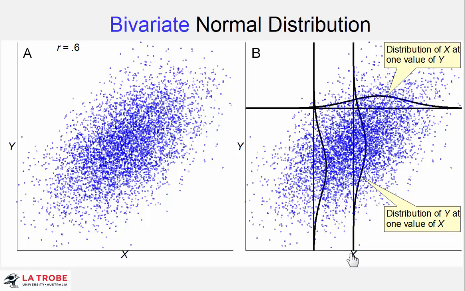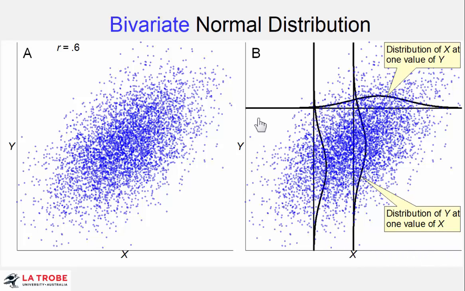Now we have to assume homogeneity of variance of Y at every different value of X. In other words, as we slide this point along the x-axis and look at all the various distributions of Y, all these distributions have the same variance, the same standard deviation. The amount of variability in Y is the same at each value of X.